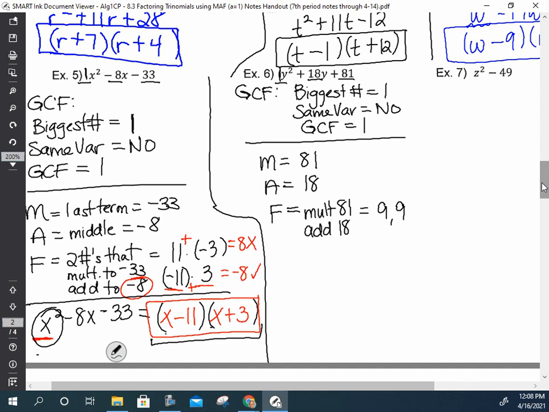Now, if you know that you struggle with your multiplication, take a second and think about it. Some people might not be able to do it quickly, so take a moment and think about it. 9 plus 9 is 18. 9 times 9 is 81. So we got our winning combination.